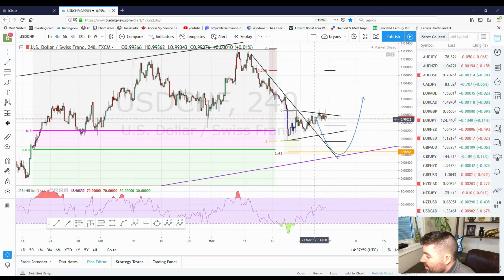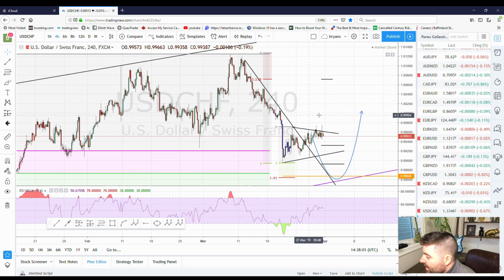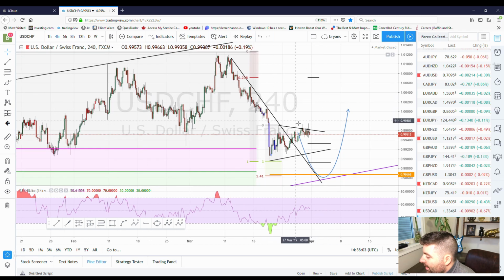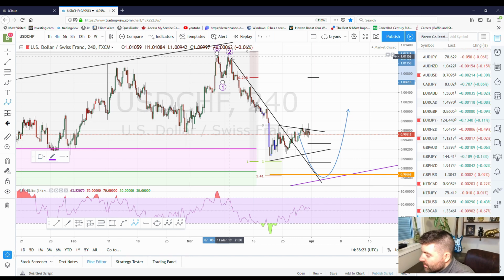Upon further analysis, I couldn't get much in the way of price action like candlesticks. So then I started looking at potential Elliott wave things. The reason why I have this arrow drawn here is because I started looking at a potential 5-wave thing down.